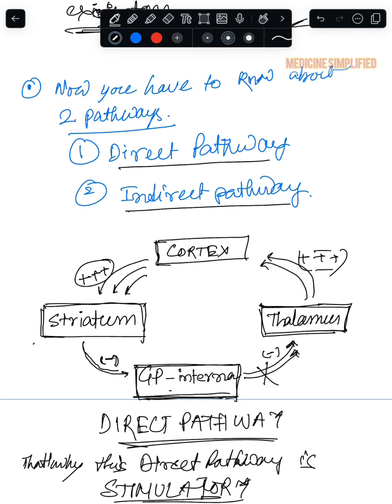Understand? I think you have understood this very simple concept. Cortex activates striatum, striatum inhibits GP interna. GP interna cannot inhibit the thalamus further, so the thalamus remains stimulatory to the cortex. So the direct pathway is stimulatory.